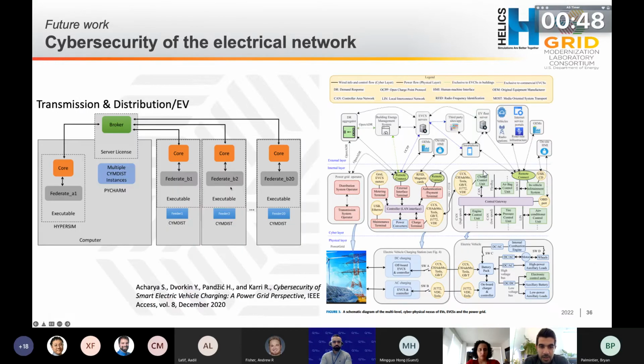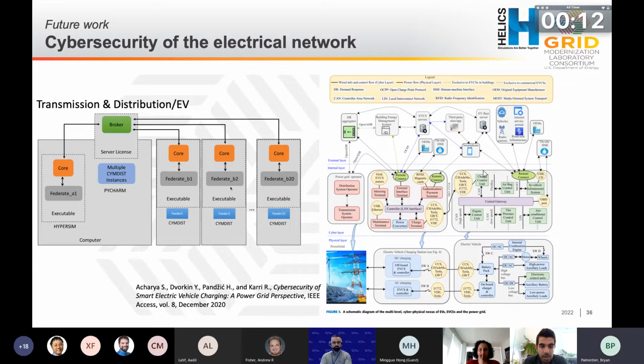Currently, we are starting to use Helix as a new co-simulation platform, at least in our lab. We are almost new in this project. We mainly want to integrate a transmission simulator, HyperSim, with a distribution grid simulator, SimDis. We want to simulate a large-scale EV infrastructure, including the communication system, the loads, distribution grid, and transmission grid, and see the impacts on each side.